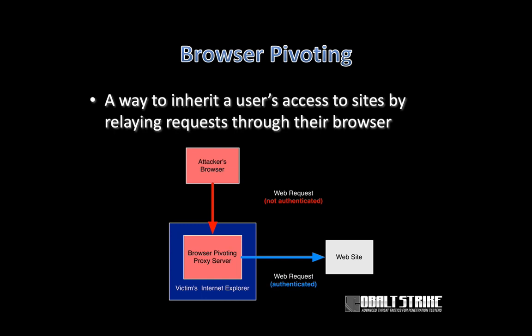If they are using Internet Explorer, a browser pivot becomes a way for you to use your own browser and relay requests through their browser and have those requests authenticate as that end user. And this, in effect, allows you to silently interact with that website as that user and work to meet your objectives. It is Internet Explorer only, which is a downside, but when you're in a situation where you can use this, it is really, really cool.